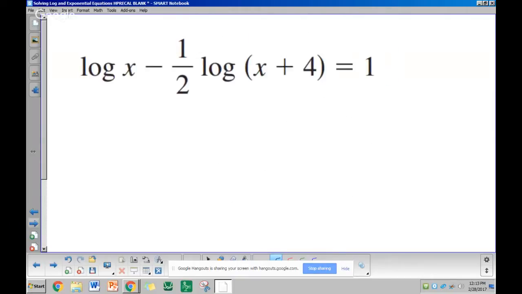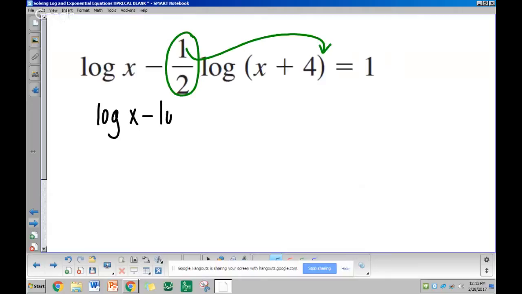Here, I have 2 logs on one side, so I need to condense first and get a log equal to a number. So what do I have to do with 1/2? Raise it up to the top here. And I get log of x minus the log of the square root of x plus 4, right?